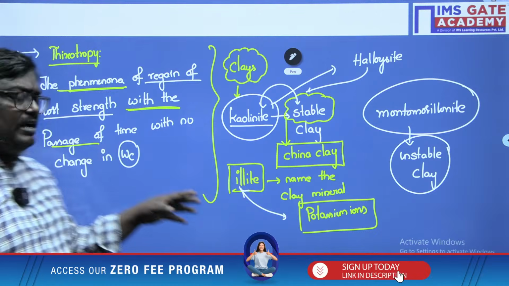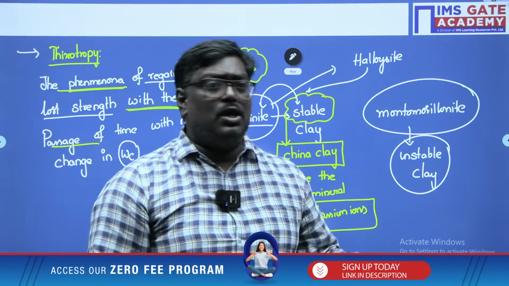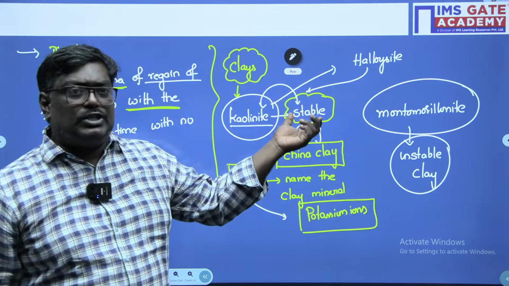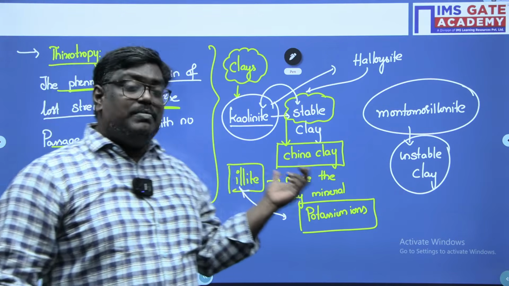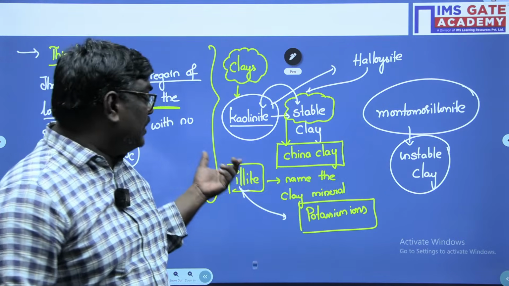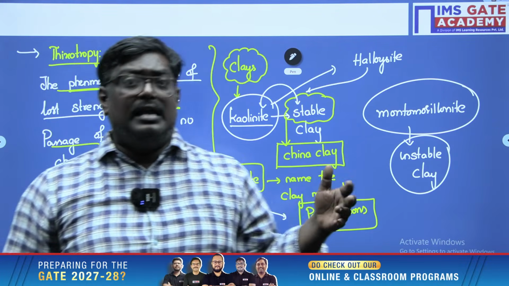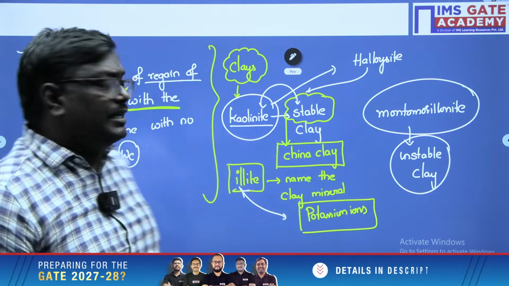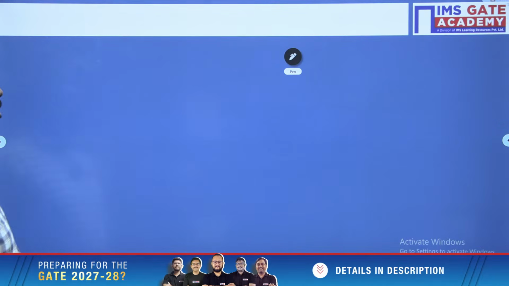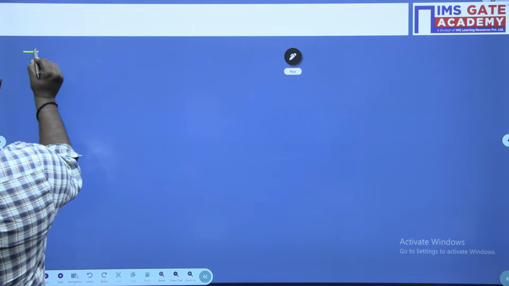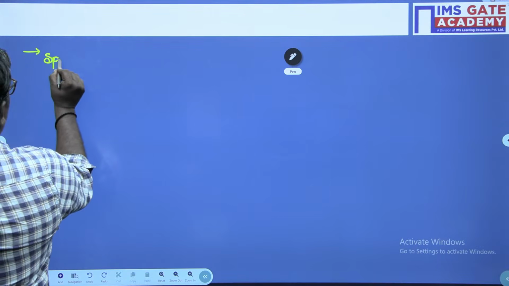So what are the different types of clay mineralogies, sir? One is kaolinite, the most stable clay mineral. Illite is the clay mineral formed by potassium ions. And montmorillonite is the most unstable mineral, exhibiting high swelling and shrinkage. Agree, students? Now see, we have a concept called specific surface area.